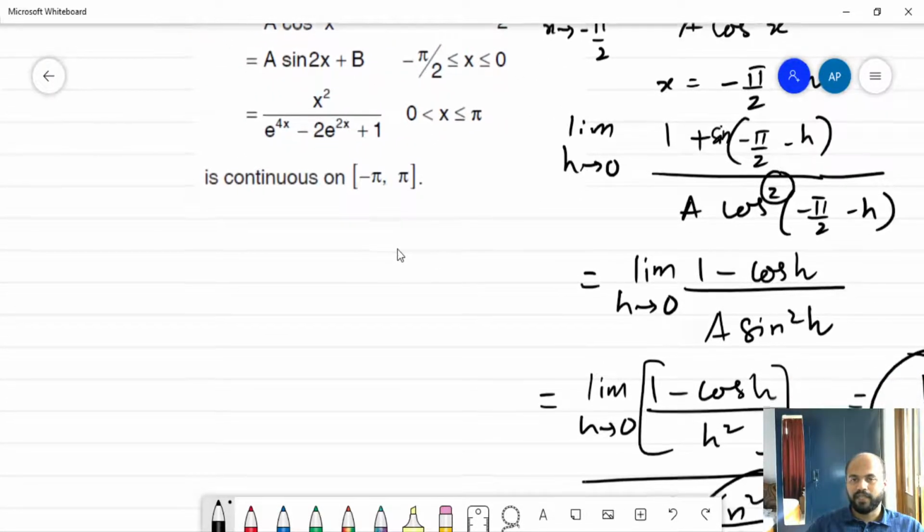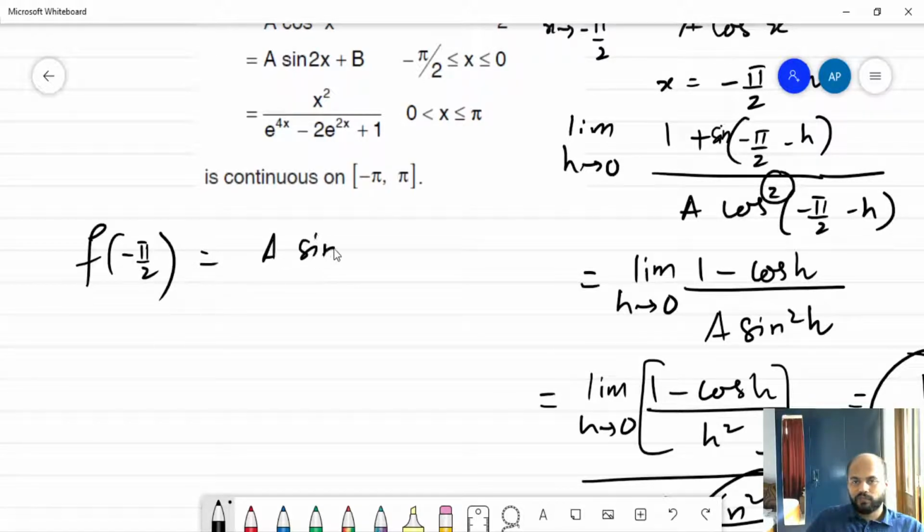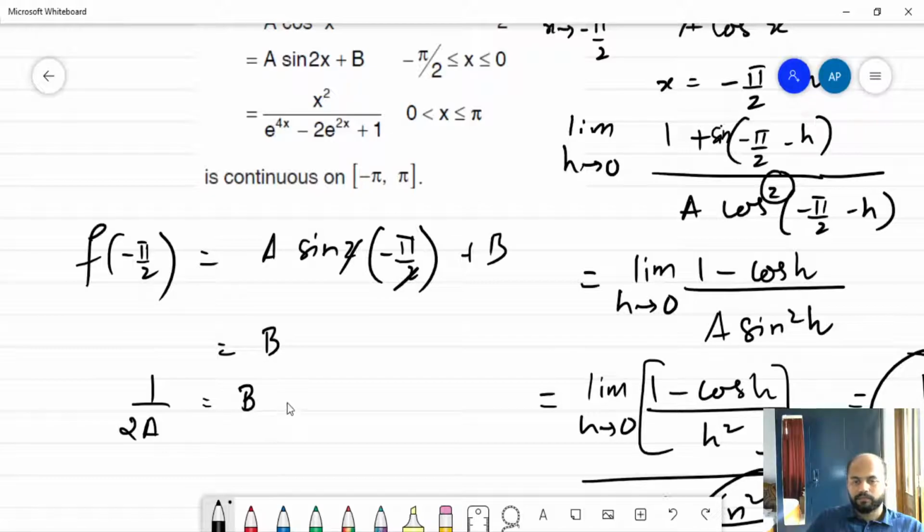Now let us find the value of the function at that point. So f of minus pi by 2 would be a sine of 2 times minus pi by 2 plus b. 2 and 2 will go, and what we get is sine of minus pi, which is 0, and so it is b. So we get one equation, that is 1 by 2a is equal to b.